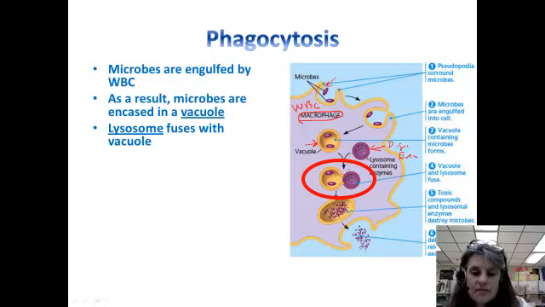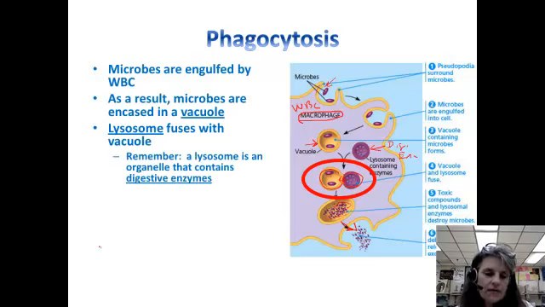So this organelle is going to fuse with this vacuole, and these enzymes are going to mesh with those pathogens and just digest them, break them down, and anything that cannot be used is going to be sent out of the cell. All right, so this is a great point to talk about lysosomes and what they do. Please try to remember that.